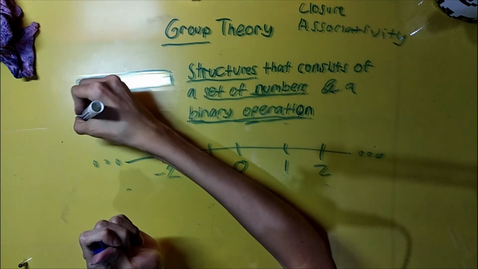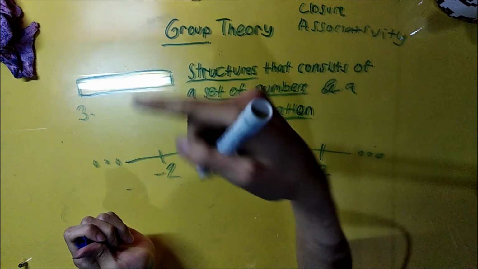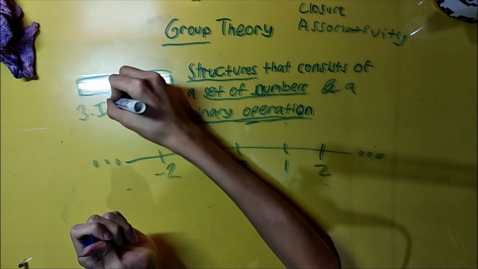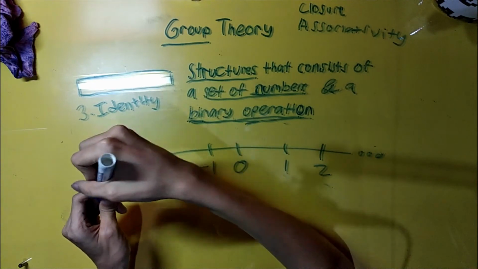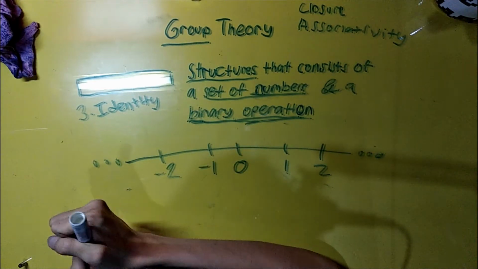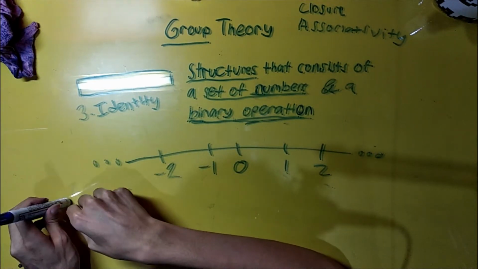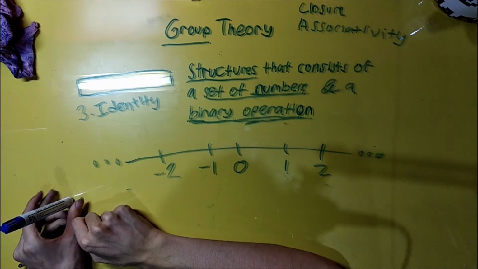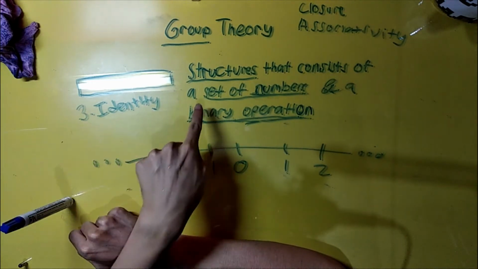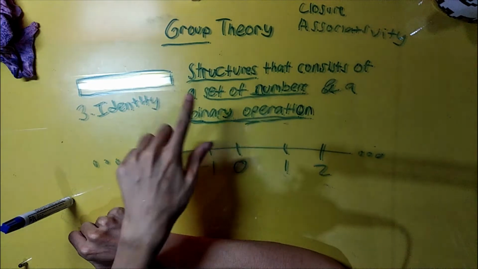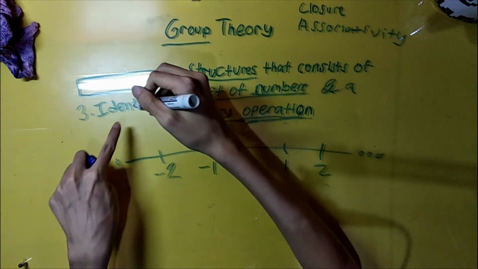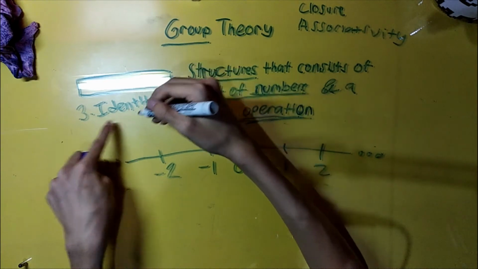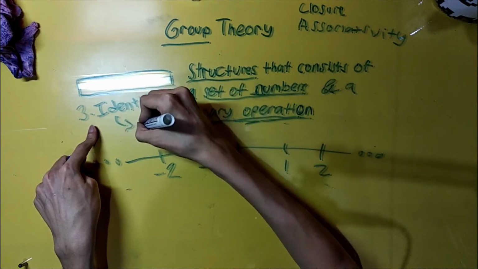Our third rule is identity. What do I mean by identity? What I mean by identity is there must exist a number within this set that satisfies the following property. We will call this specific number E, alright?